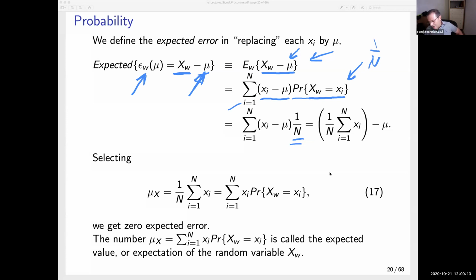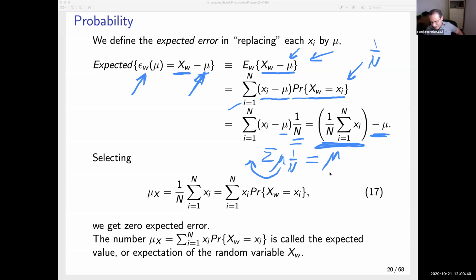Now the second term is the sum over mu times 1 over n. Mu is a constant that I can take out of the summation. So what I have here is nothing but mu times n divided by n, which is minus mu. And the first part is nothing but the average of all the numbers that I have.